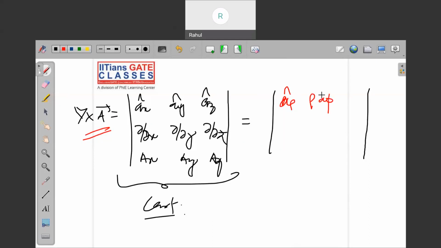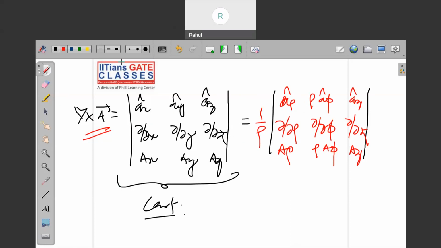Only three important points: you don't have to forget the 1 by rho factor outside, the rho with a phi, and the rho with the component. That's it. This is in cylindrical.